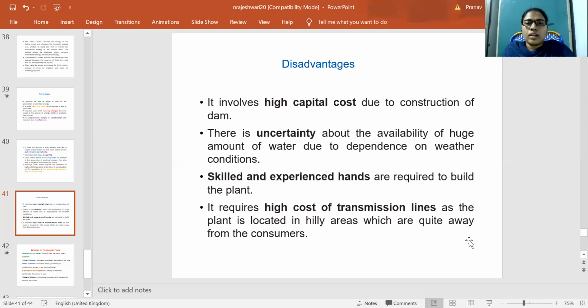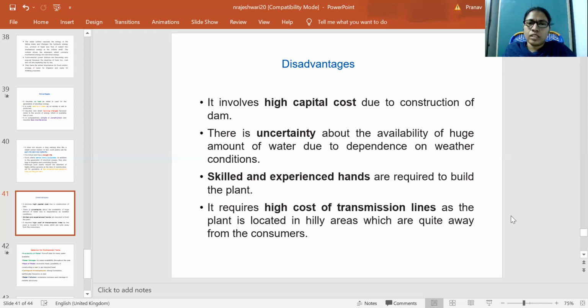So high capital cost is also one of the disadvantages for this hydroelectric power station, because construction of the dam is quite heavy cost, and the availability of water is dependent on weather conditions, and also skilled and experienced persons are required for building this plant, because dams and reservoirs are built on rivers in the hilly areas.